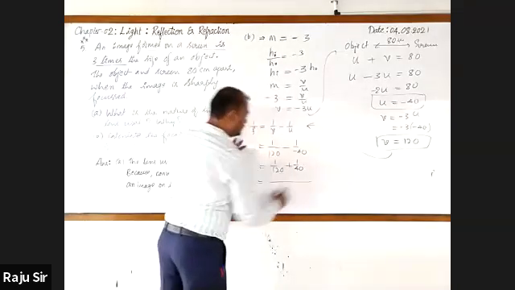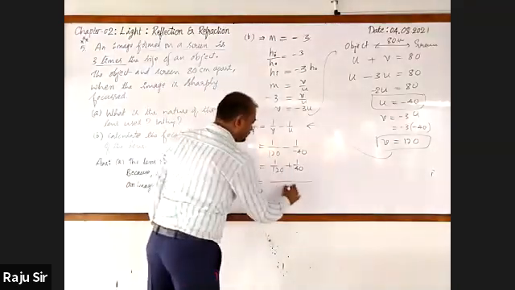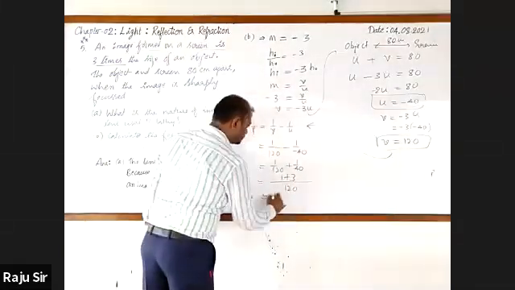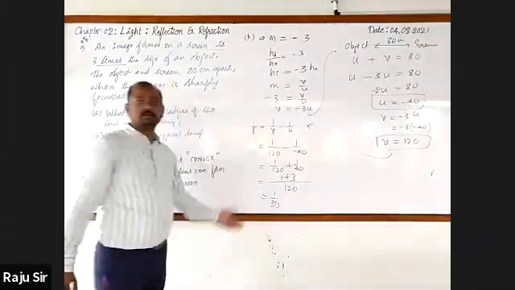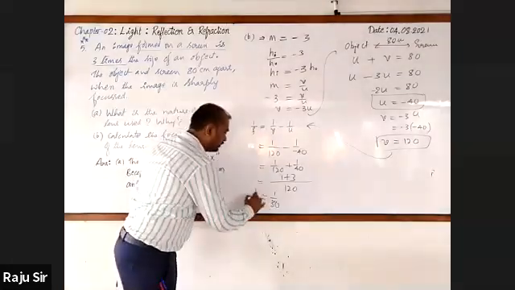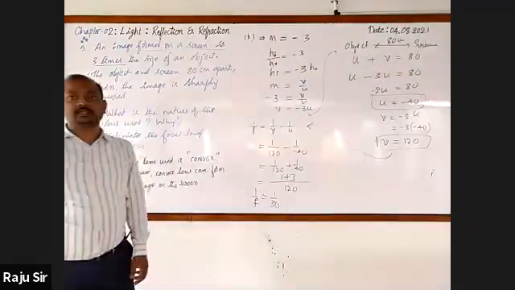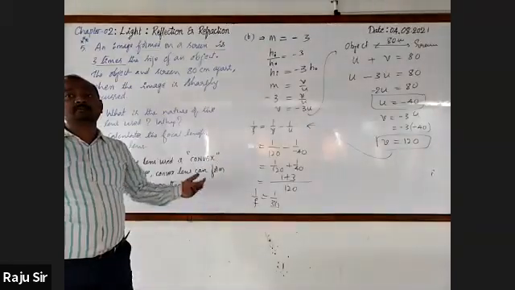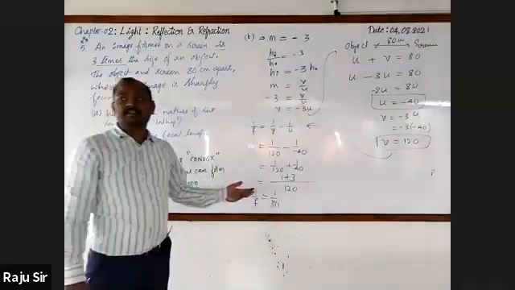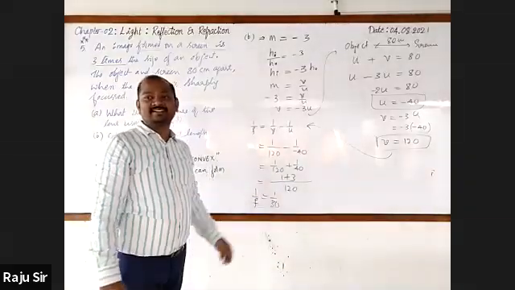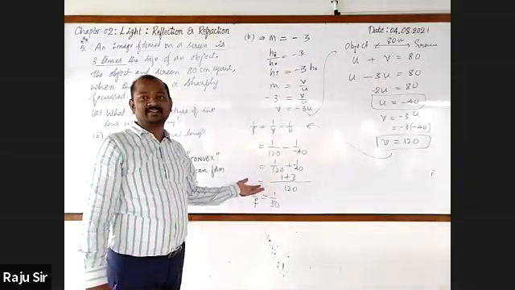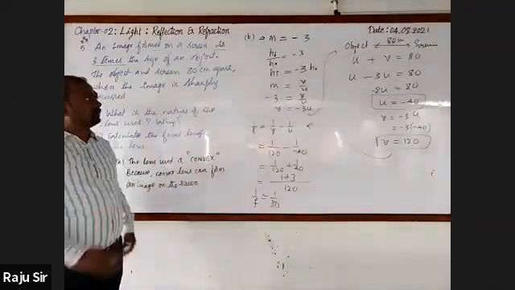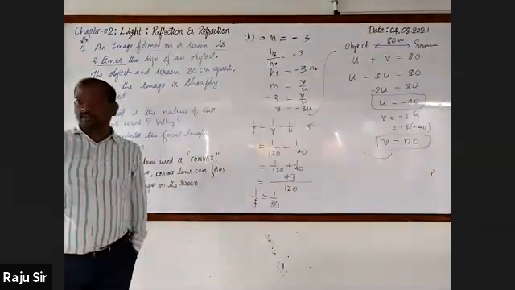LCM is 120 only. 1 plus 3, it is 4 by 120, which is nothing but 1 by 30. 1 by f is 1 by 30. Is f positive or negative? Why is it positive? Because it is in the direction of the light. Since it is convex, we get positive focal length. Did you understand? Any doubt?